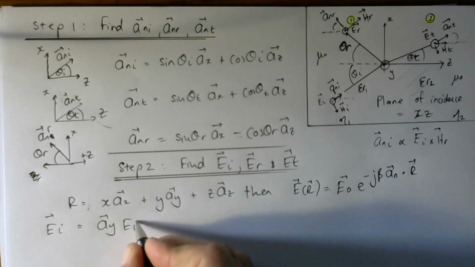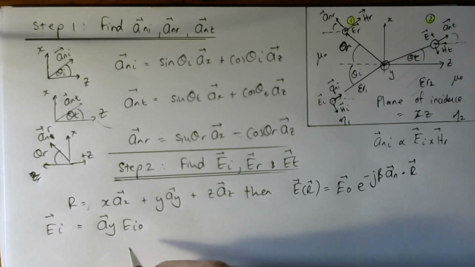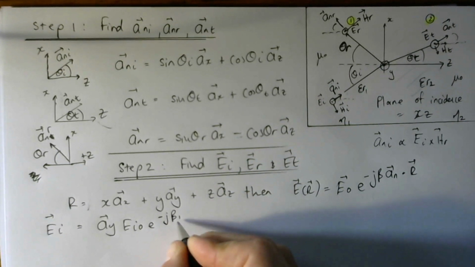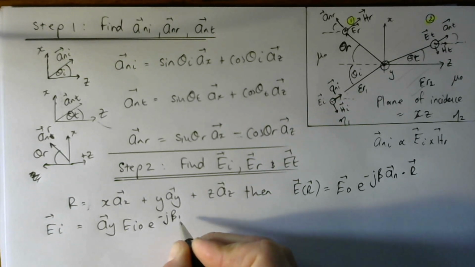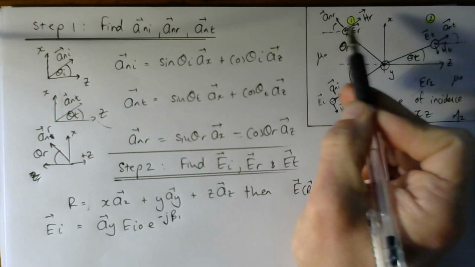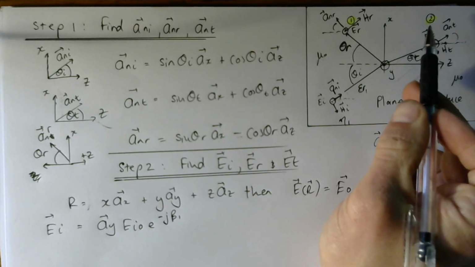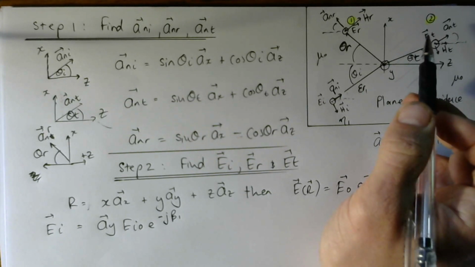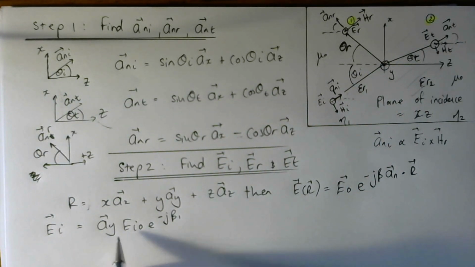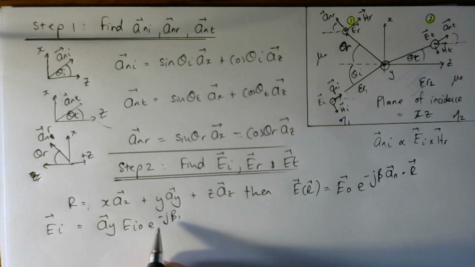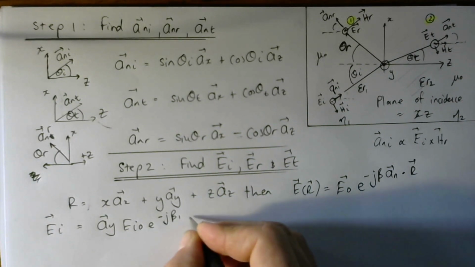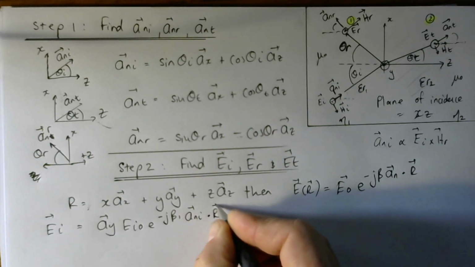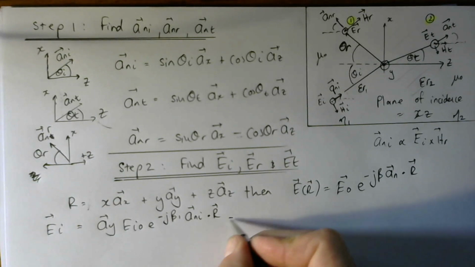So I'm giving it a coefficient E_I0 e to the minus j beta 1. This is important, this subscript 1. This 1 tells me that I'm working in region 1. If I'm going to use a 2, it's going to indicate that I work with the field, which is obviously just the transmitted field in region 2. So it's a_y E_I0 e to the minus j beta 1 a_NI dot r.